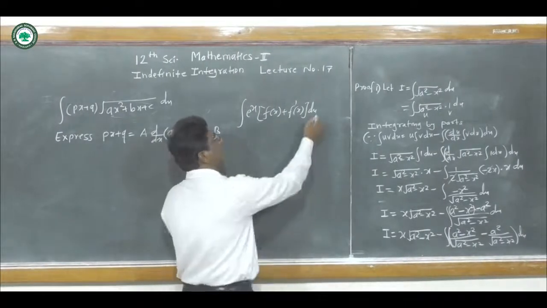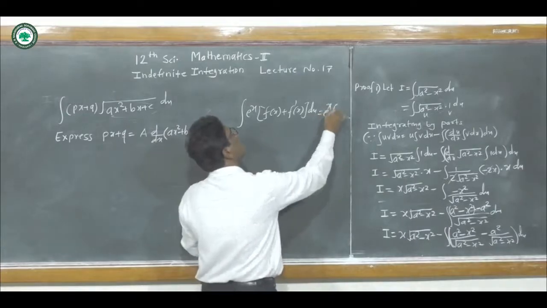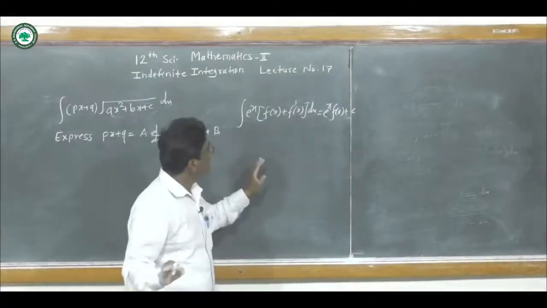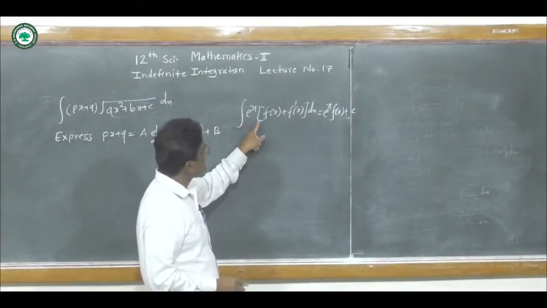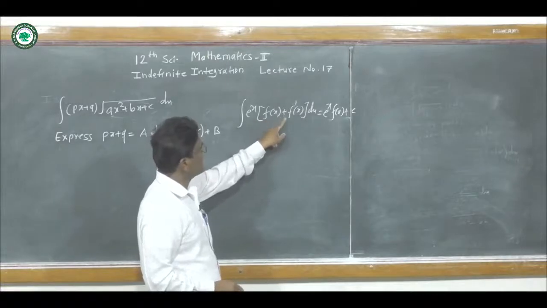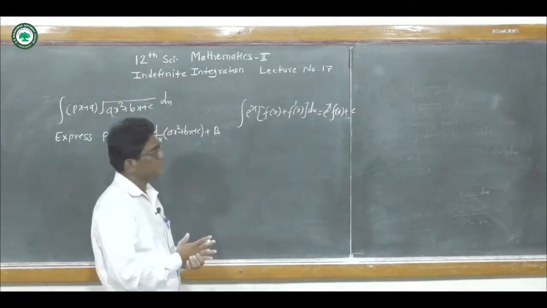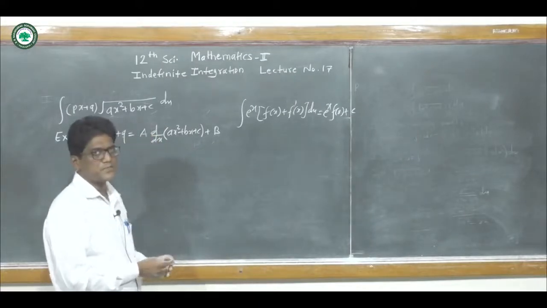So we write directly e to the power x f of x plus constant of integration c. Now see here, integration of e to the power x in bracket f of x plus f dash of x dx is equal to e to the power x into f of x plus constant of integration.